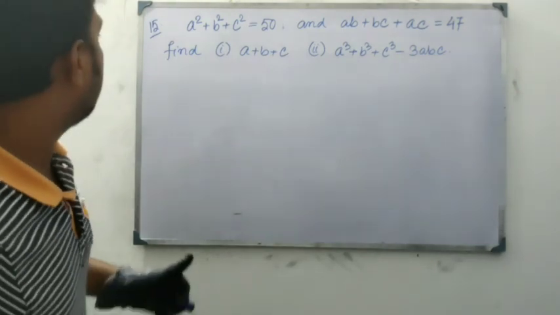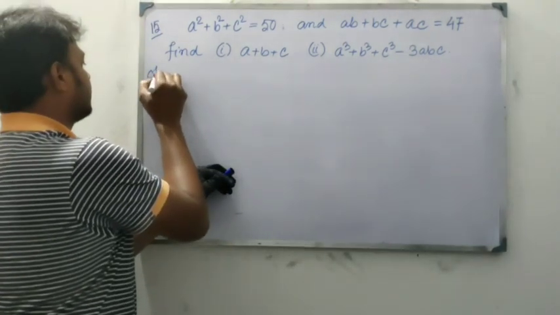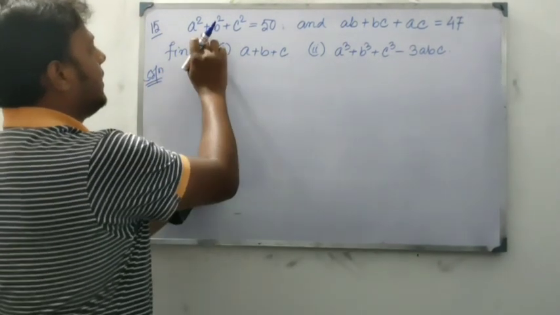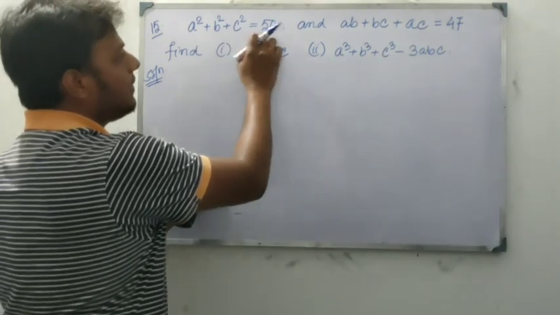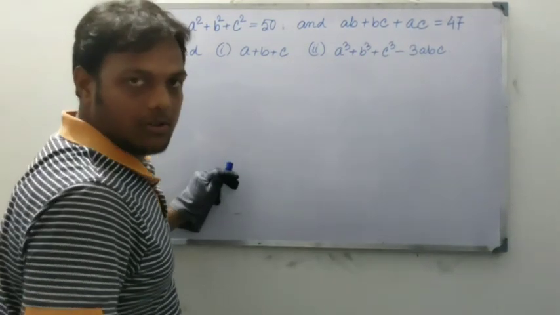So to solve the first one, a square plus b square plus c square is given, and ab plus bc plus ac is also given.